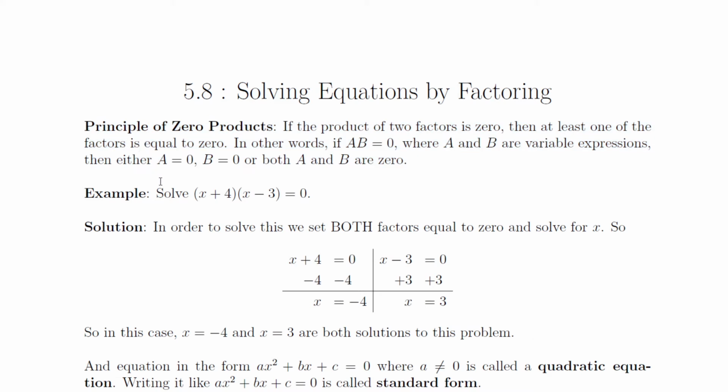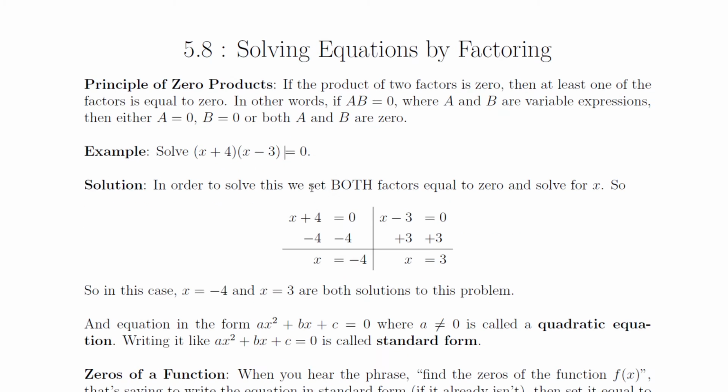For example, if I have this, x plus 4, x minus 3 equal to 0, what I'm going to do is set them both equal to 0 separately. So to solve this problem, I set x plus 4 equal to 0, x minus 3 equal to 0. I solve separately. Over here, I'm going to subtract 4 from both sides.